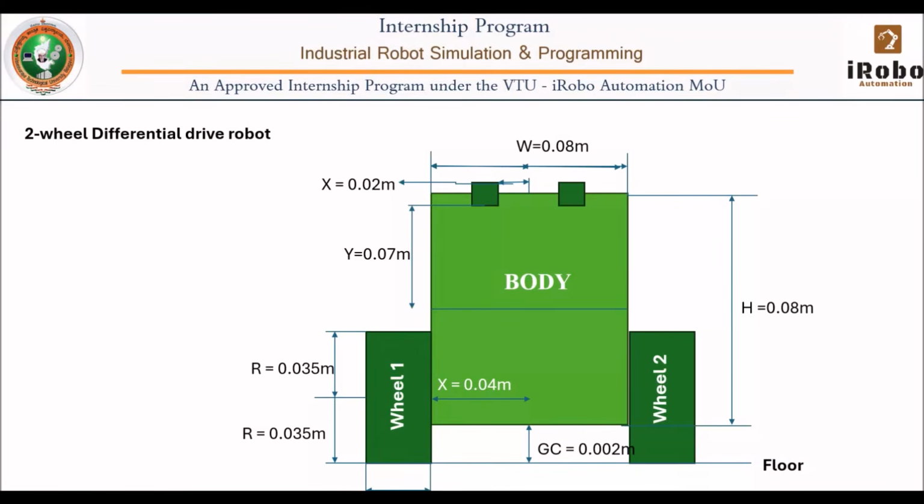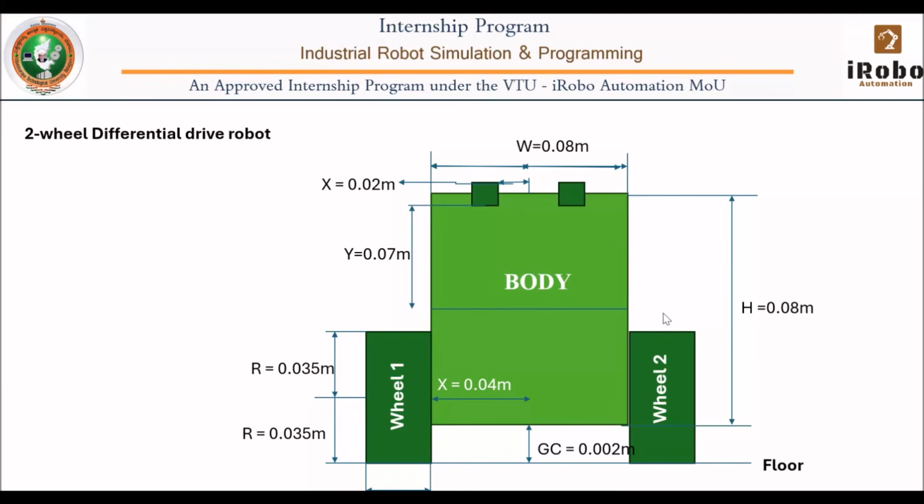That means what is the body dimensions, wheel radius, wheel thickness, what is the wheel position, all these things are required. So here robot body is there. The robot body is, you can say, a cuboid. That means height, width, length all are the same dimensions, that is 0.08 meters.